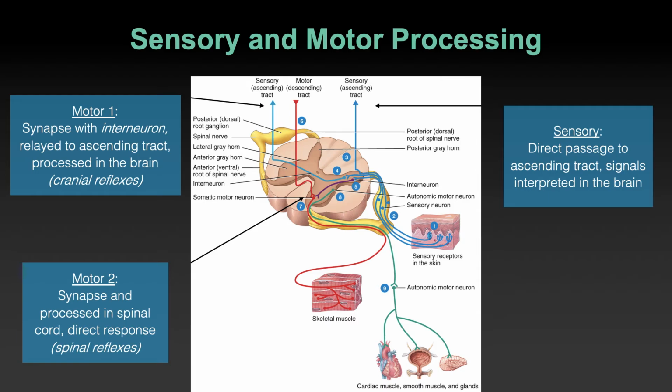That information is relayed to the spinal cord, where it synapses with another neuron that sends it to the brain. And the brain then does something about it. It creates a plan of action, and sends that information back down this red line, the motor descending tract, to move out of the way.